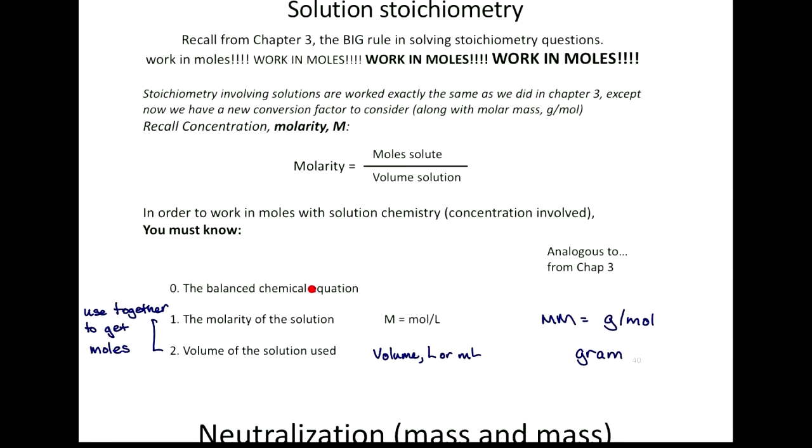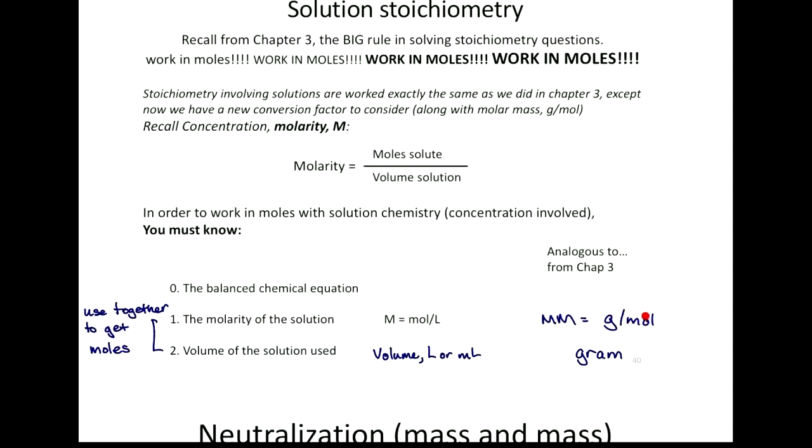Back in chapter 3, we needed to start with the balanced chemical equation because it's the coefficients that told us the ratio, the stoichiometry that we needed to follow. Analogous to chapter 3, when I gave you a gram amount of a substance, you knew if you use the molar mass of that particular substance, combining molar mass and a gram amount, you can get moles of that substance.